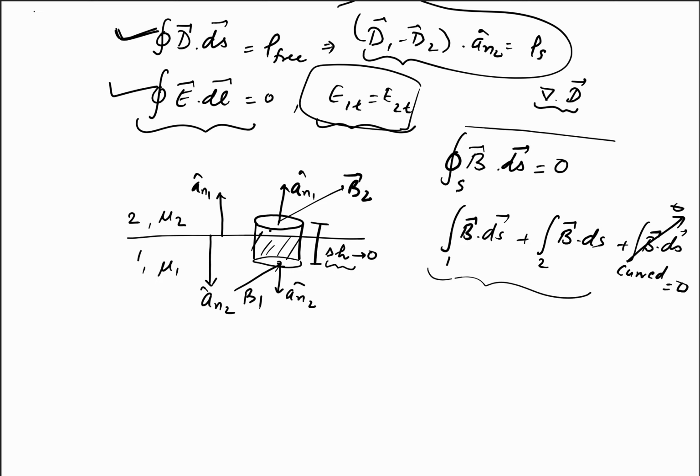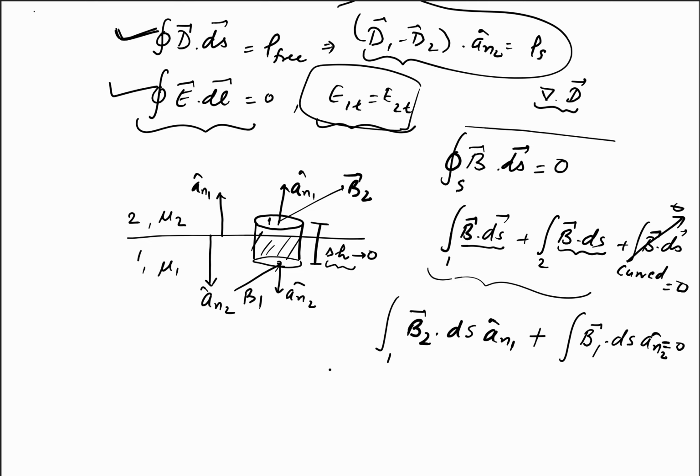Now we are assuming that the surface is so small that B is not varying on this surface. Similarly, B is not varying on this surface. So at surface 1, B is equal to B2, and B2 dot dS is equal to dS an1. Similarly, for surface 2, B is equal to B1 and dS is an2, and the total is equal to 0.